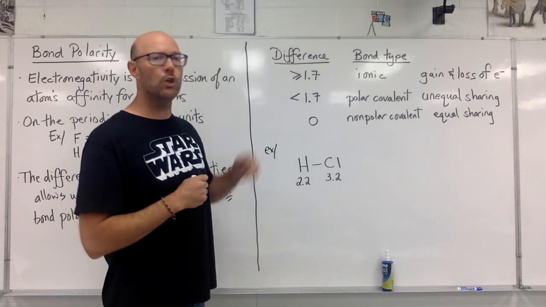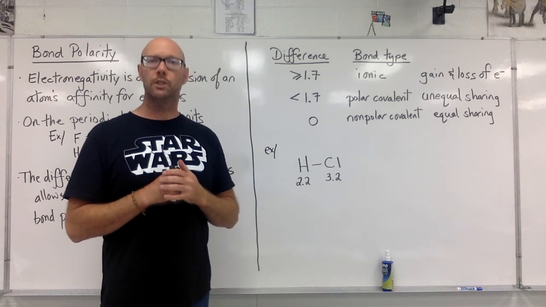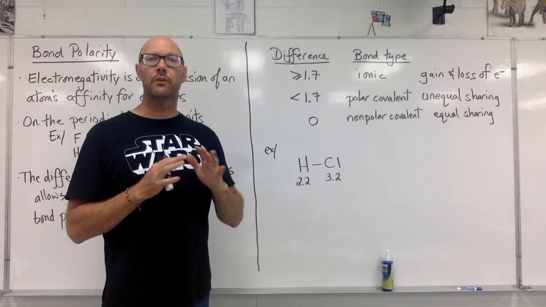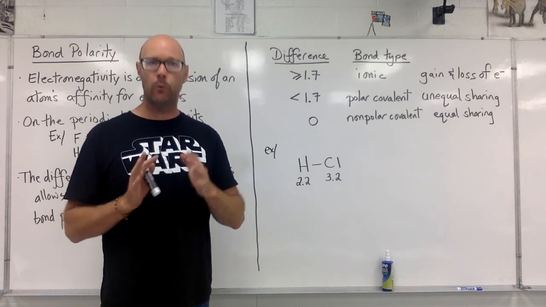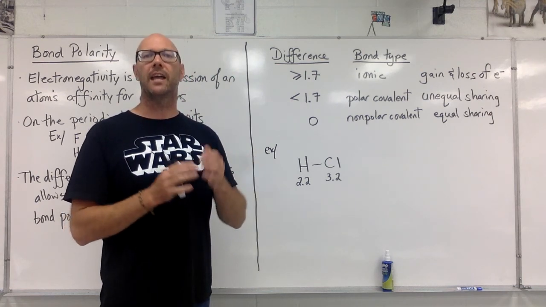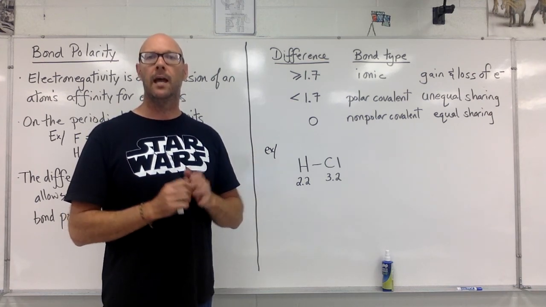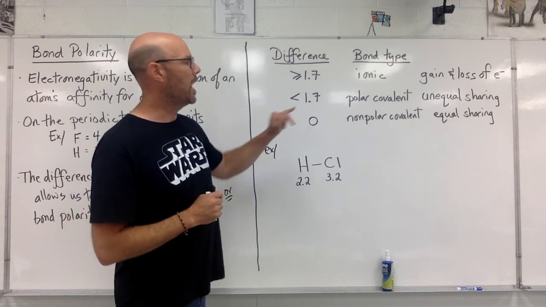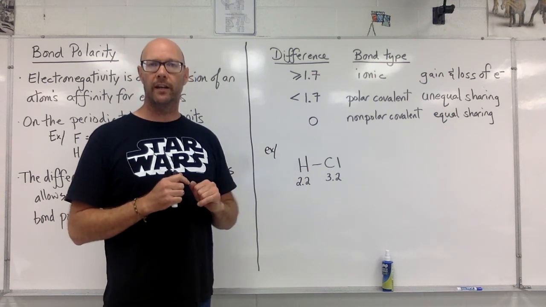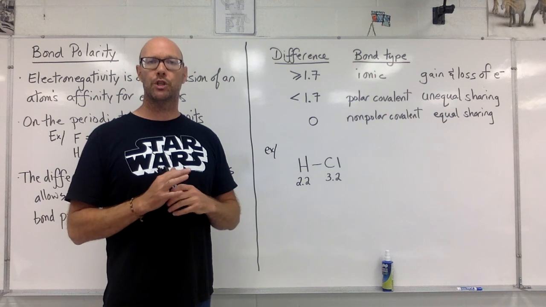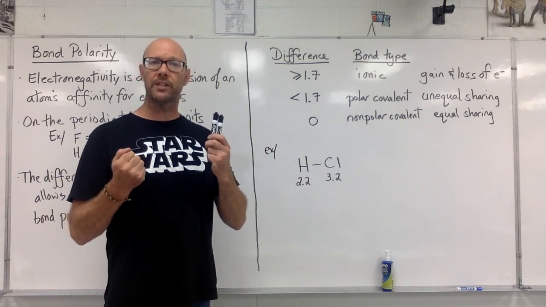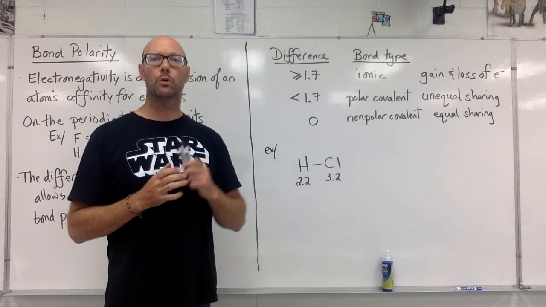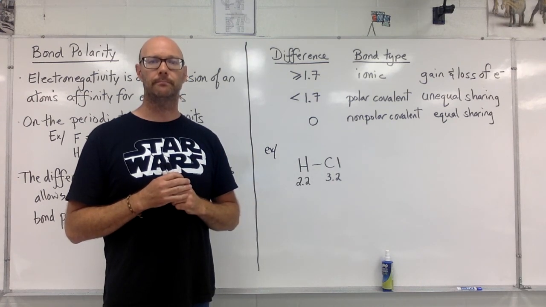If there is no difference between the two electronegativities, if both of them are equally strong, if they have an equal affinity for electrons, we have a non-polar covalent bond. We have equal sharing, fair sharing, totally equal. They're all the same strength, equal sharing of electrons.